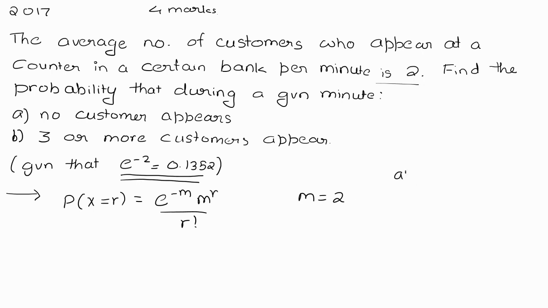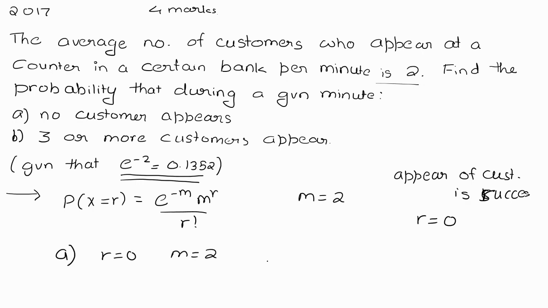Okay, now appearing of customers is a success. That means no customer is appearing, that means 0 customers are appearing, that is r equals 0 for my question number A. r equals 0 and m will remain as it is, 2.